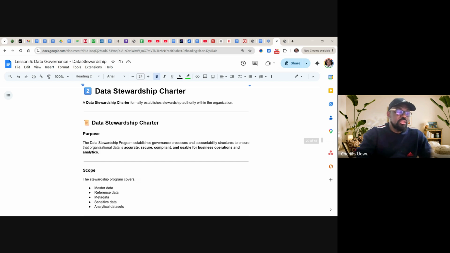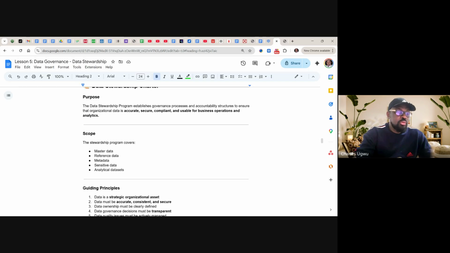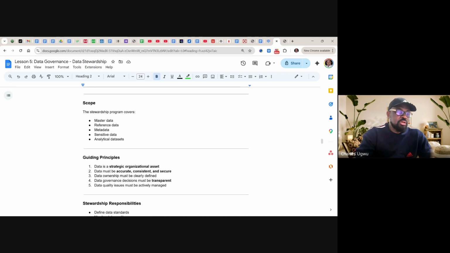Remember that in the charter, you need to talk about the purpose of the charter and the scope. Under the scope, the stewardship program covers master data, reference data, metadata, sensitive data, analytics data sets. These are what it covers.